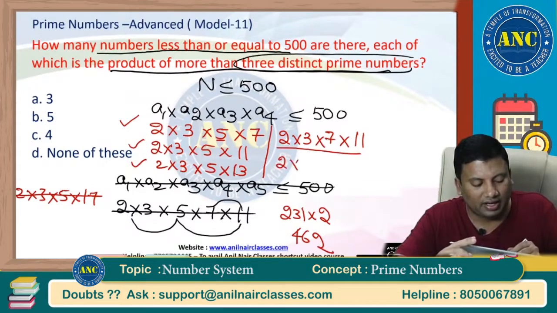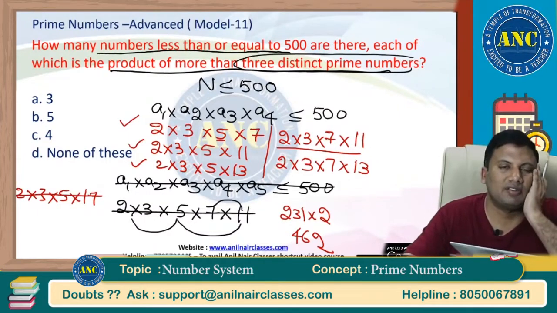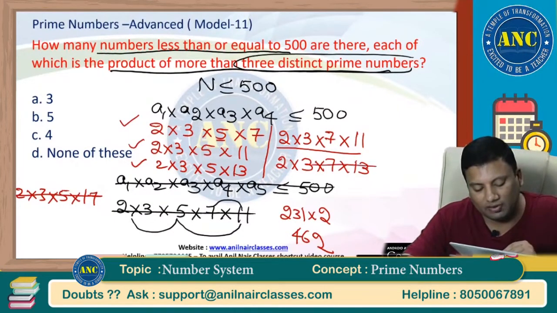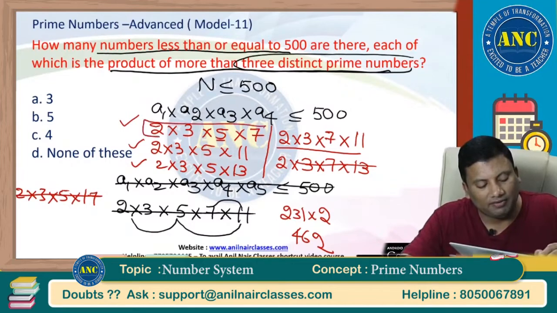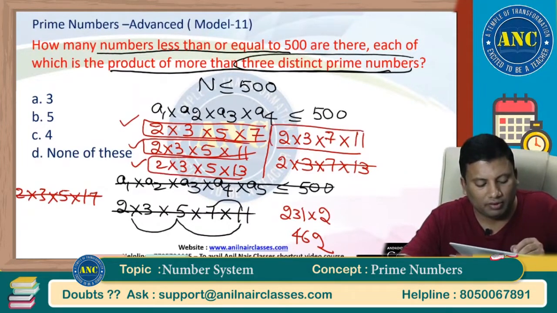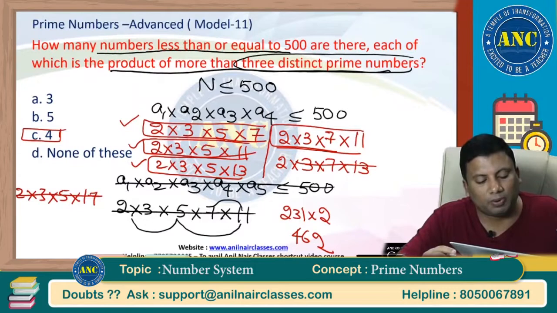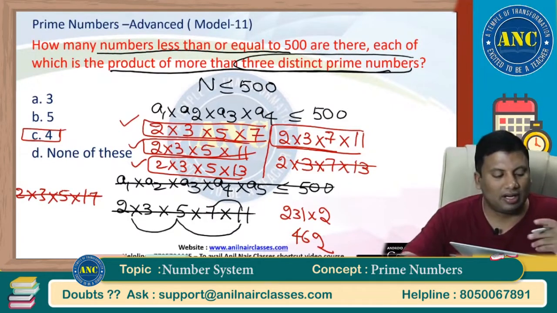Next case, if I take 2 into 3 into 7 into 13: 13 2s are 26, 3s are 78, 78 into 7. It is greater than 500. How many cases did we get? 1, 2, 3, 4. 4 cases we got. There are 4 cases of 4 distinct prime numbers whose product is less than or equivalent to 500.